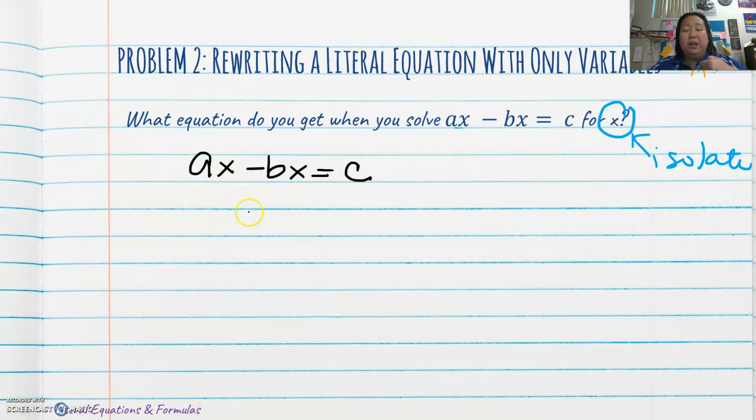If you use combining like terms, you will have A minus B, whatever those numbers are, and X as the coefficient.